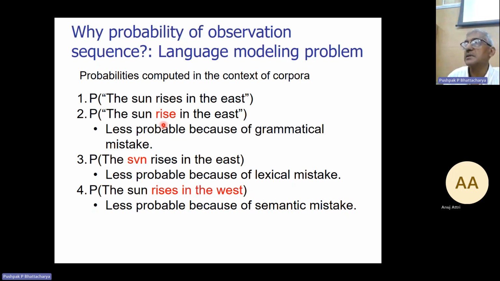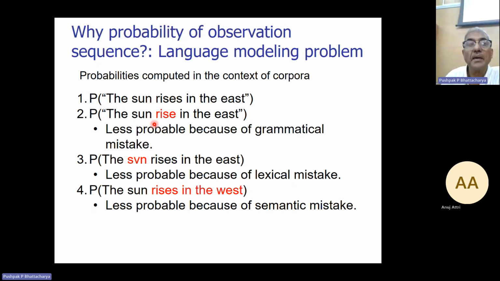You will not see this sequence. And because that sequence probability is low, the overall probability will be low. And therefore, you will say that the sun rises in the east is more probable than the other sentence. I think this sentence has some kind of problem. I don't know what problem it is.